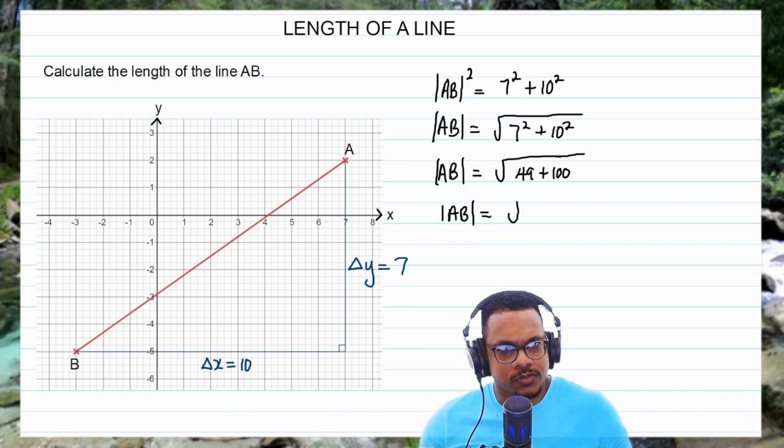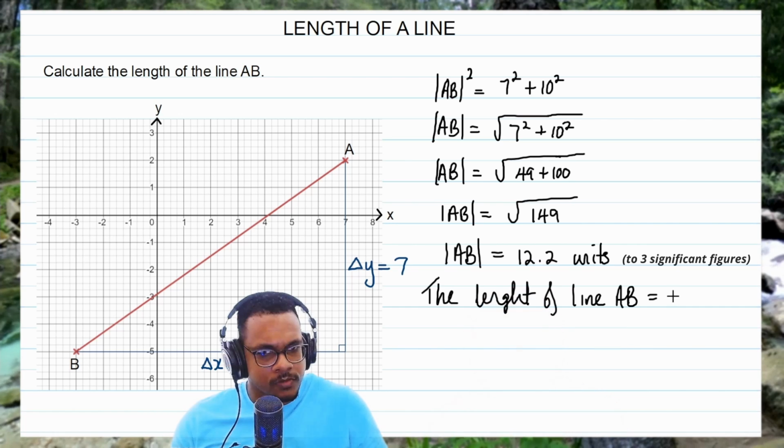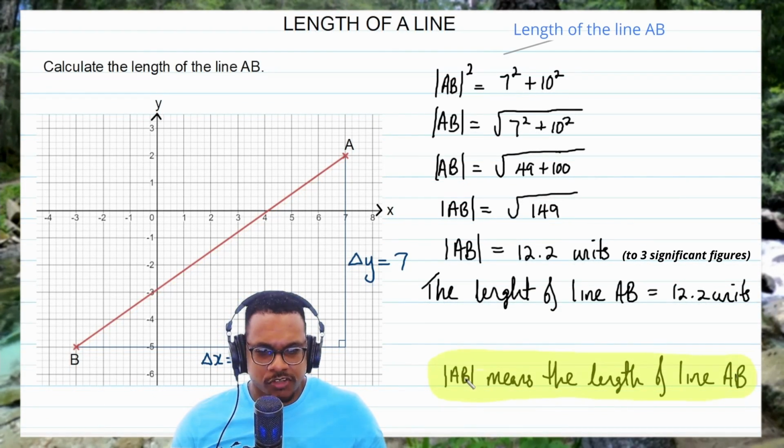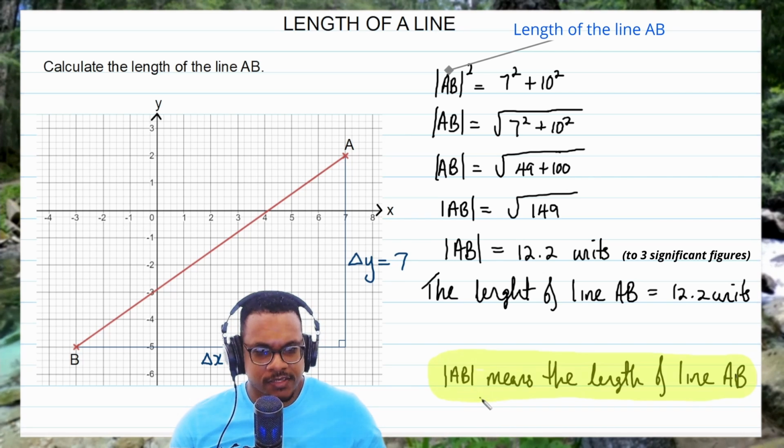That'll be equal to the square root of 149, which is approximately 12.2 units. So the length of the line AB is 12.2 units. Just a reminder that AB with two lines at either end of it means the length of the line AB.